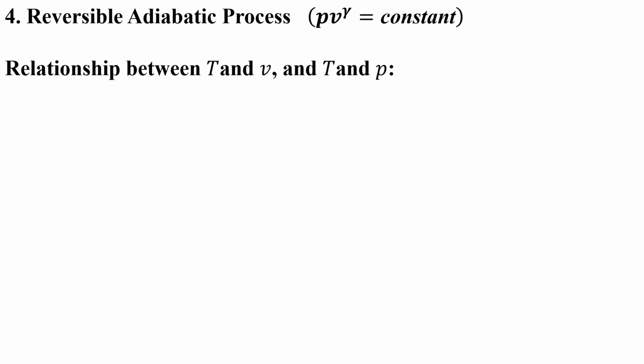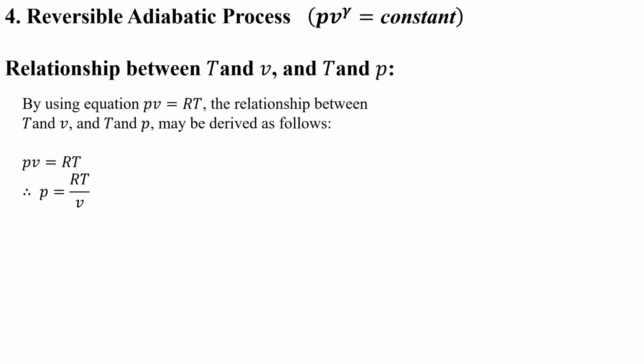Next we have to see the relationship between T and V and between T and P in the adiabatic process. We know the perfect gas relation, that is PV equals RT.